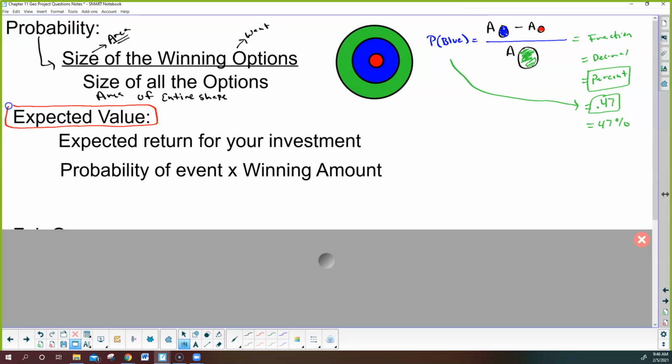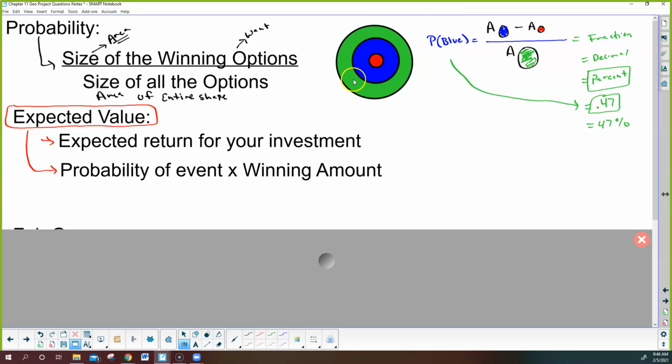There's a description that you need to read on your project slide, but the expected value is the return of your investment. Okay, well, what is it? The expected value is where you take the probability of that event times the winning amount. So let's say that this green example was my game.